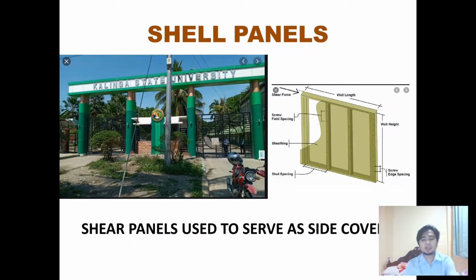Okay, so shell panels are used to serve as a side covering. Of course, we need to cover our structure for aesthetic purposes as well as protection. Okay, we can find one in the Kalinga State University in our gate, wherein you can find ACP, or aluminum composite panels, to cover the gate or the column of the gate for aesthetic purposes.